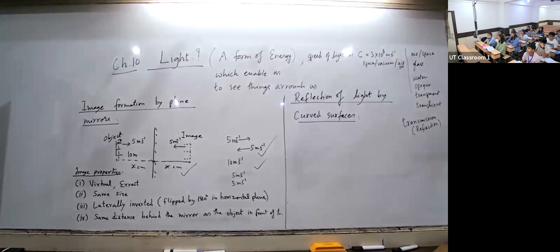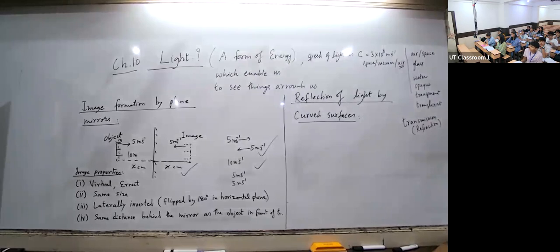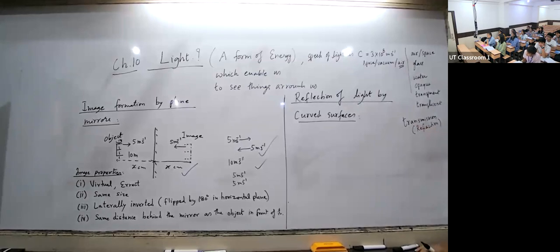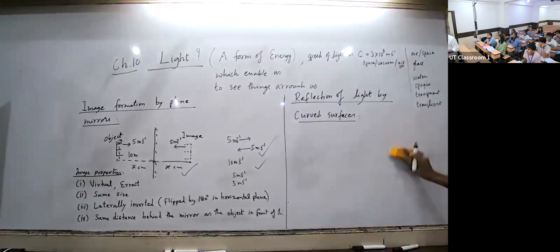The direction of light changes in the other medium. Whenever light passes from one transparent medium to another transparent medium, its direction changes. So during transmission, light suffers refraction. We'll study it in more detail, but let us finish reflection of light by curved surfaces.